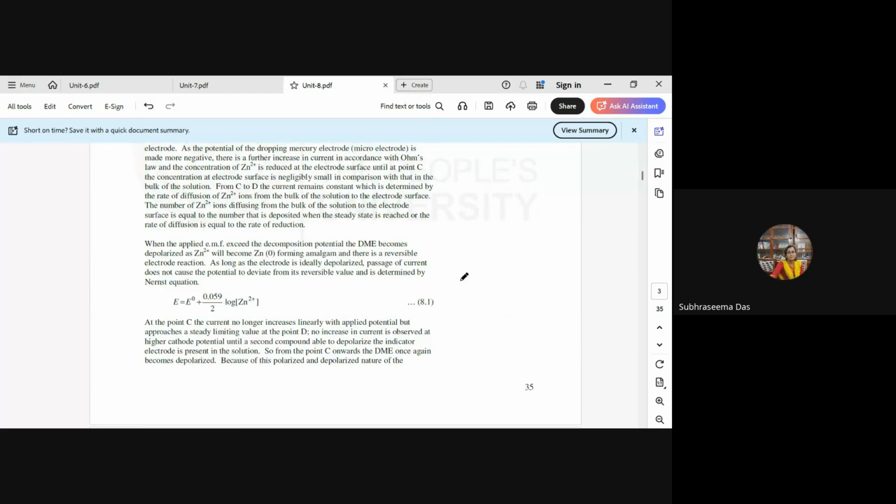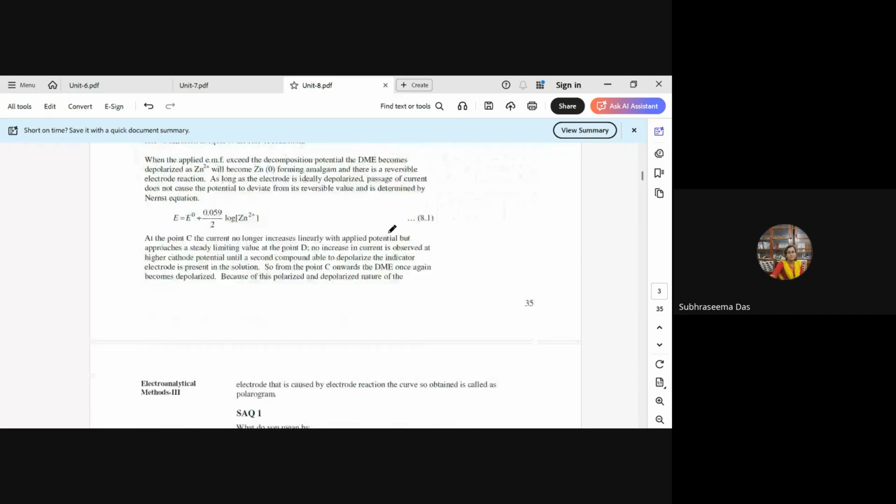The number of Zn2+ ions that diffuse from the bulk of the solution to the electrode surface is equal to the number that is deposited. Now when the applied EMF exceeds the decomposition potential, the DME becomes depolarized because Zn0 has been formed.